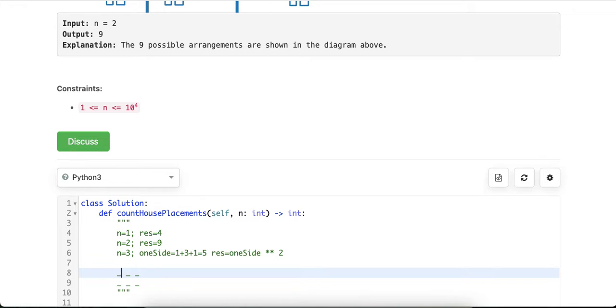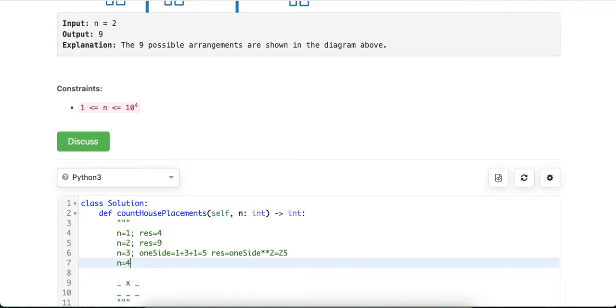Then when we have the houses like this at one side, we have another 5. So for each possibility at one side, we have those 5 possible. So it becomes 5 times 5. That's why it becomes squared. Okay, so now we know that relationship. We know this one has the value of 25.